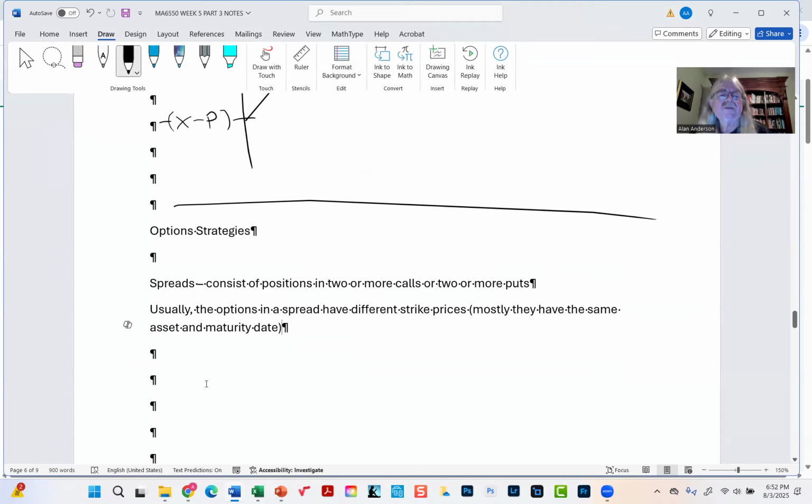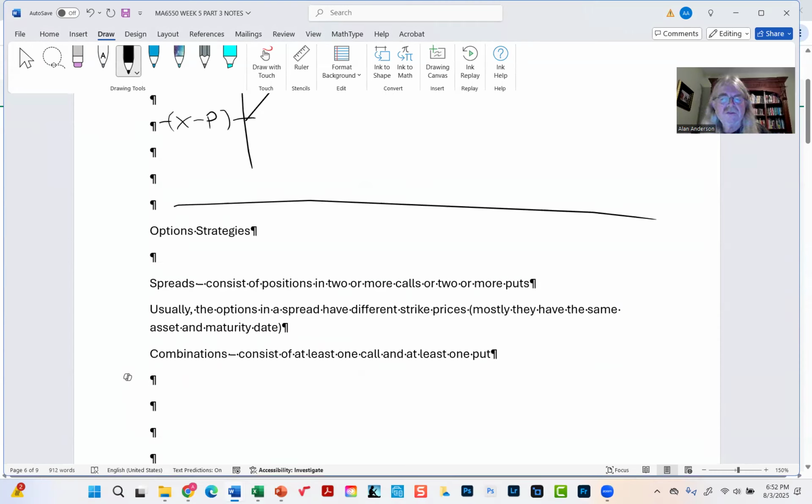And then we have combinations. Now, by the way, this is just the tip of the iceberg. There's plenty of other strategies. These are some of the more basic ones. Combinations consist of at least one call and at least one put. So you've got to have some of each to make it a combination.